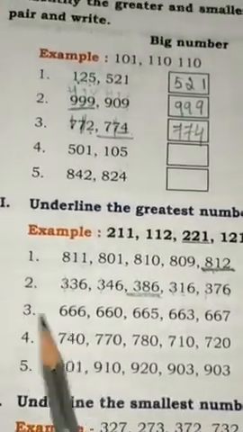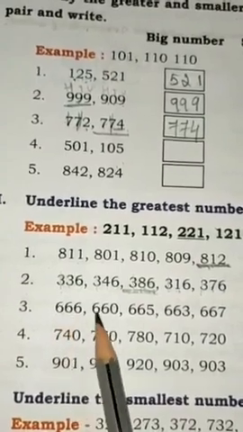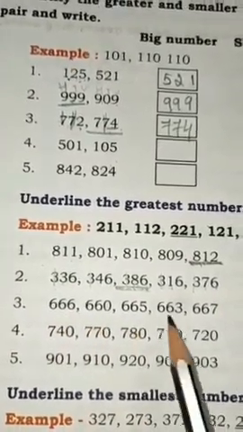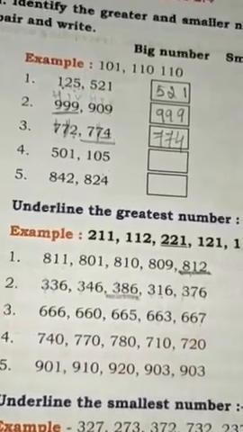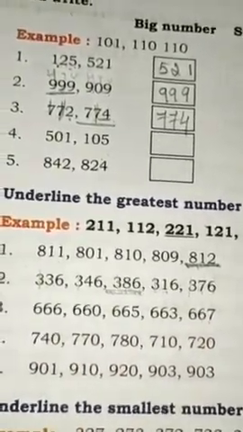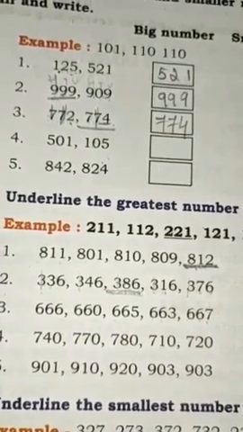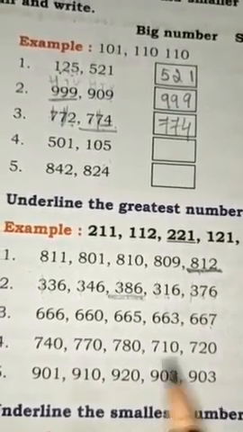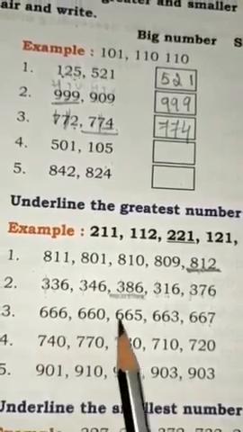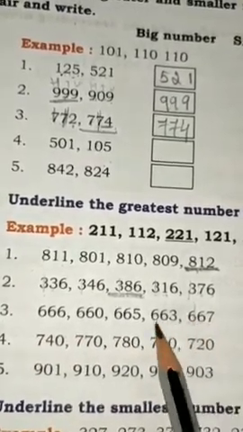Now you come to the third example. 666, 660, 665, 663, 667. Now you tell me which is the greatest number here. First, you have to compare the digits in the 100 place. 6, 6, 6, 6, 6, all are 6, so just cancel it.